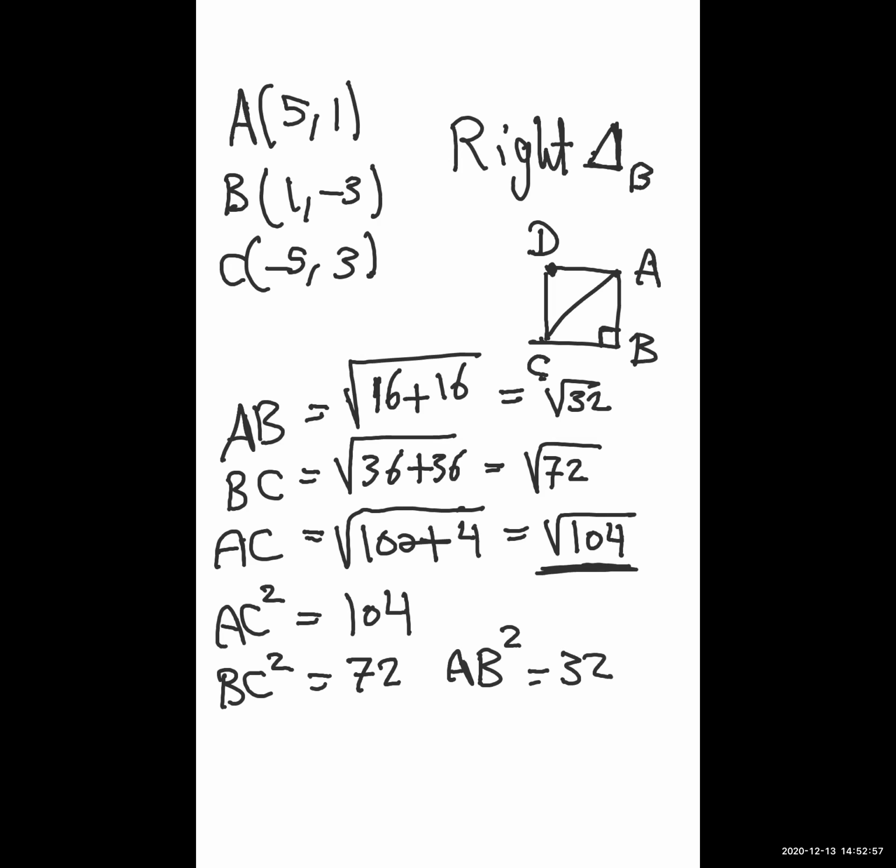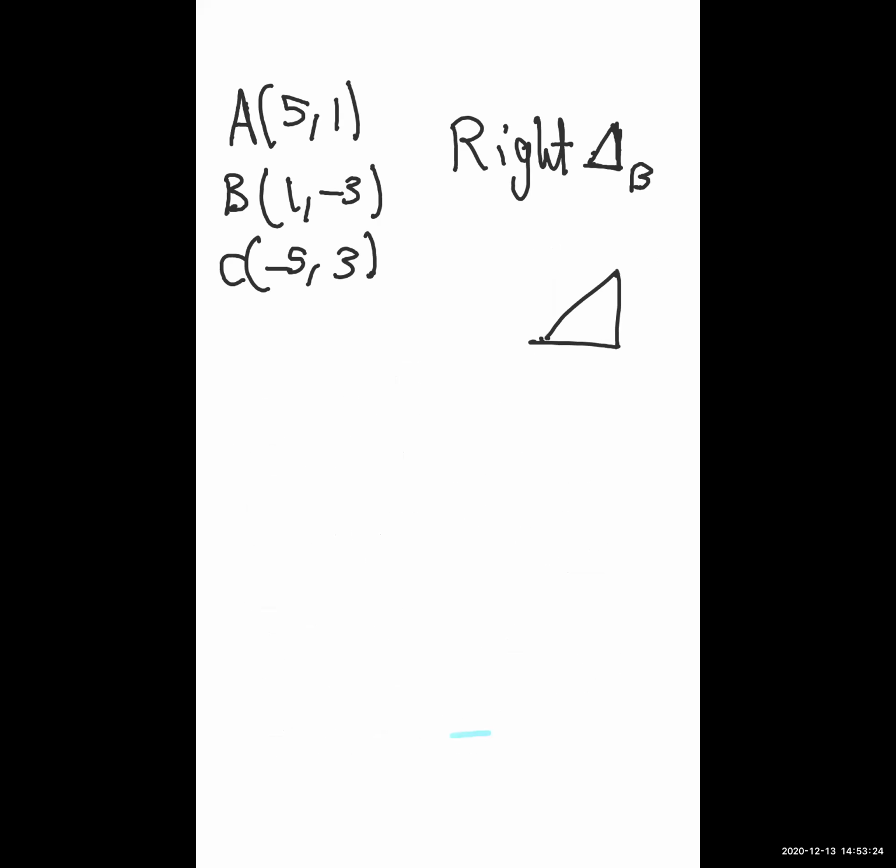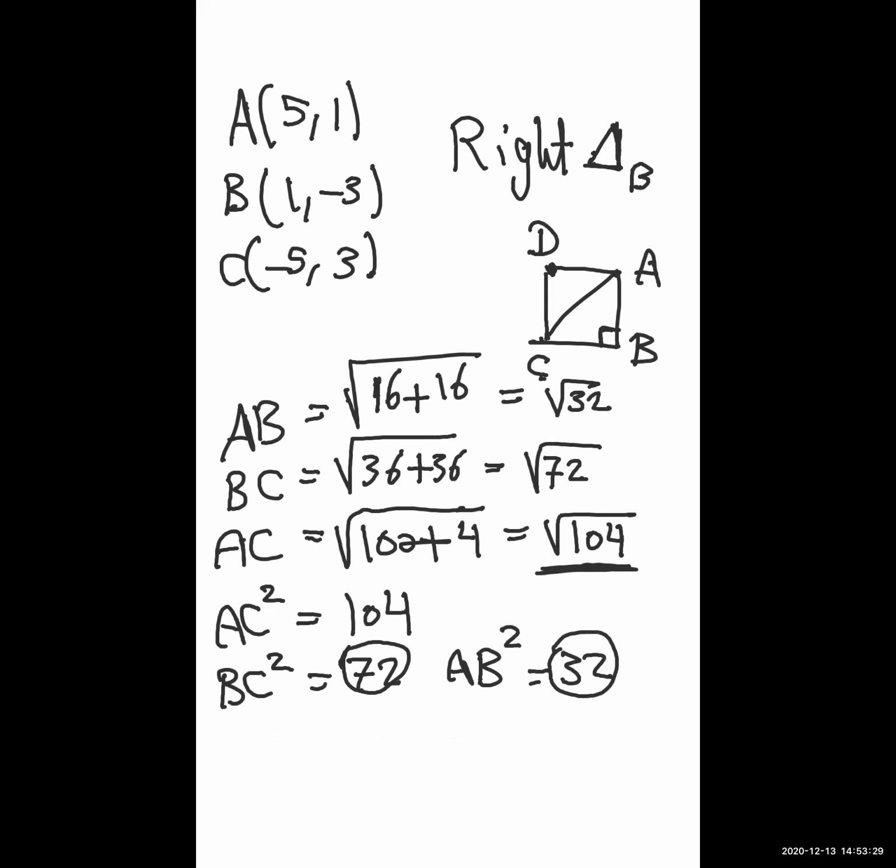Now the hypotenuse AC squared equals BC squared plus AB squared, because 72 plus 32 equals 104. I will write it here first. Let me clear this one and write it before we continue.